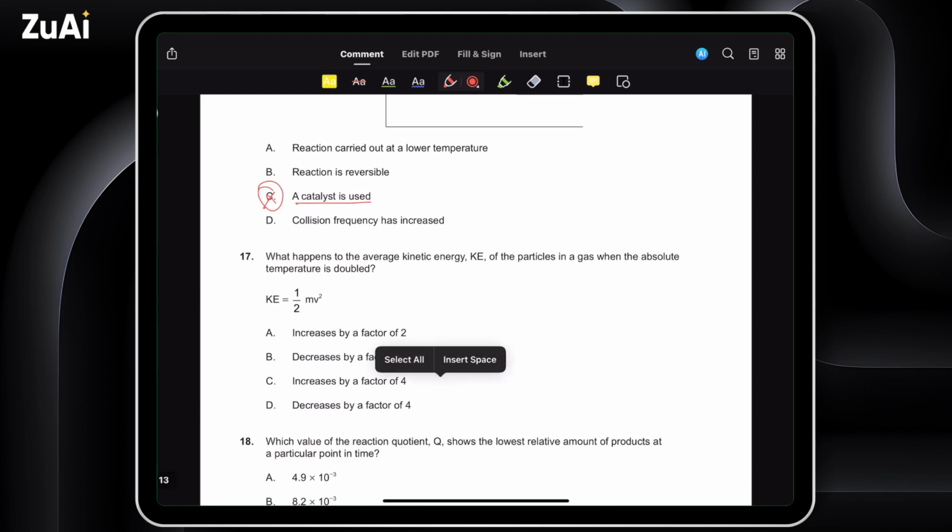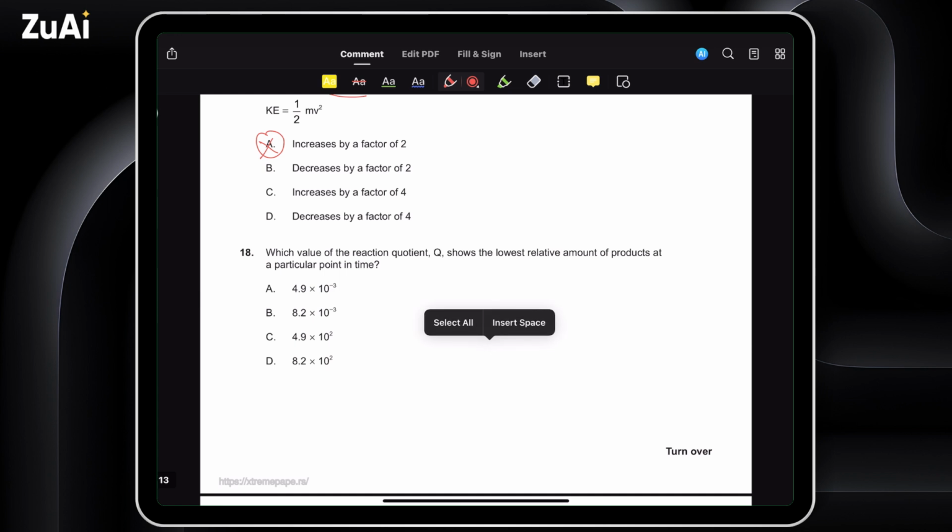What happens to the average kinetic energy of the particles if the absolute temperature is going to double? So it increases by a factor of 2. Which value of the reaction quotient shows the lowest relative amount of product at a particular temperature? If the reaction quotient is higher than Kc, that means product is higher than reactant.